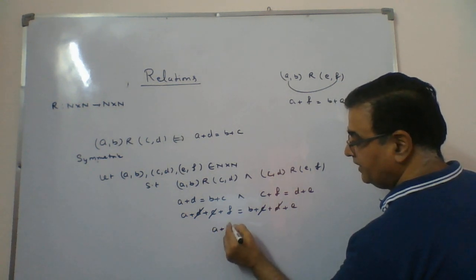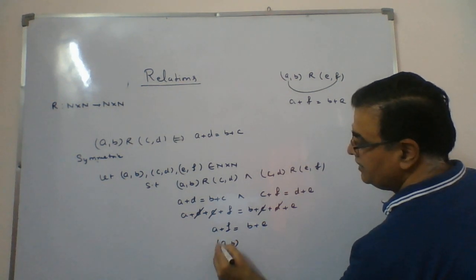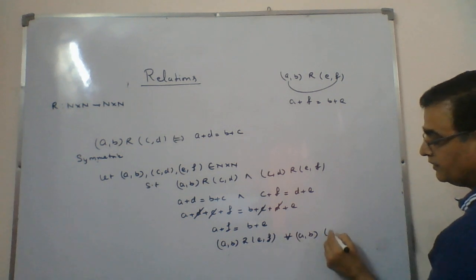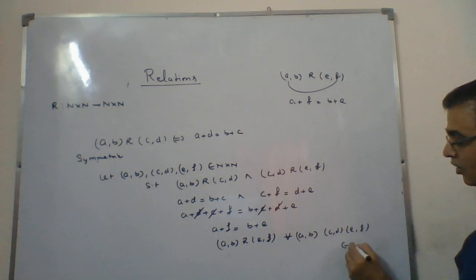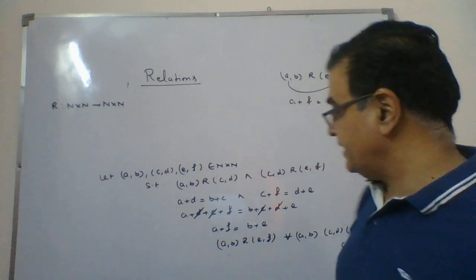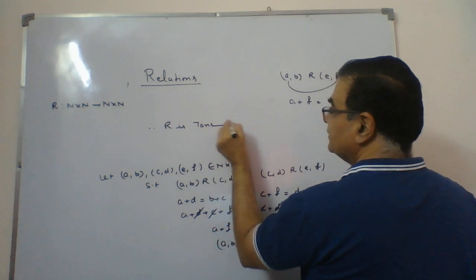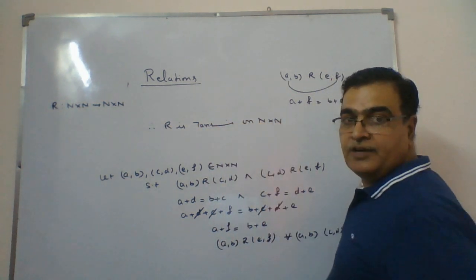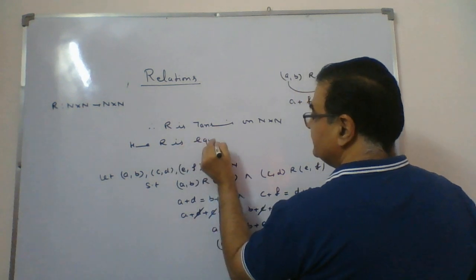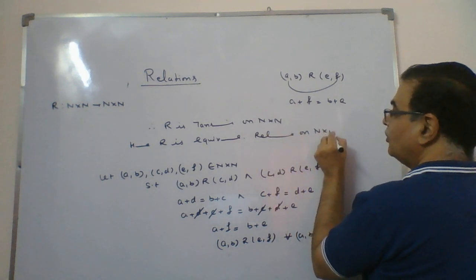I got it: A plus F is B plus E. And then clearly (A, B) relates with (E, F), for all (A, B), (C, D), (E, F) belonging to N cross N. Therefore, R is transitive on N cross N. And if it is transitive, finally, hence R is an equivalence relation on N cross N.